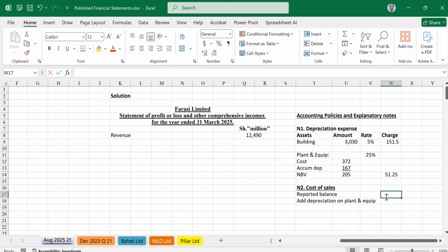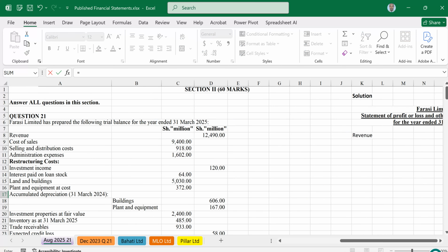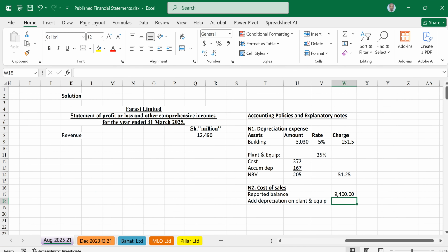So the reported balance of cost of sale is 94. Depreciation of plant and equipment is 52. The total is the summation of those two, and we have the amount that goes to the profit or loss.